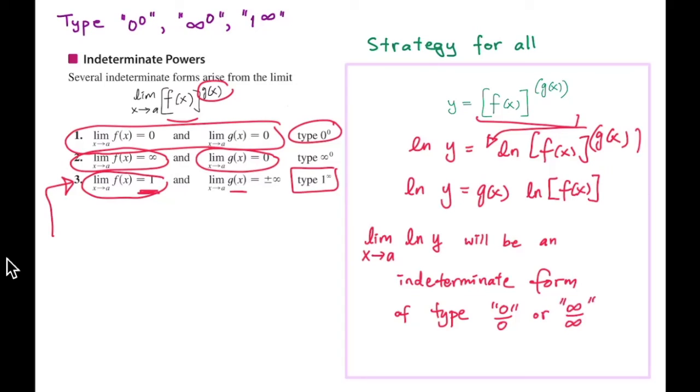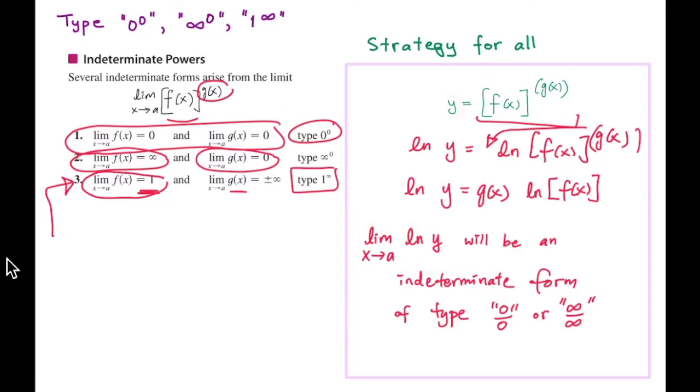And from there, we can use L'Hopital's rule. And once we compute this limit, we can then compute the limit for y by just taking e to the limit.